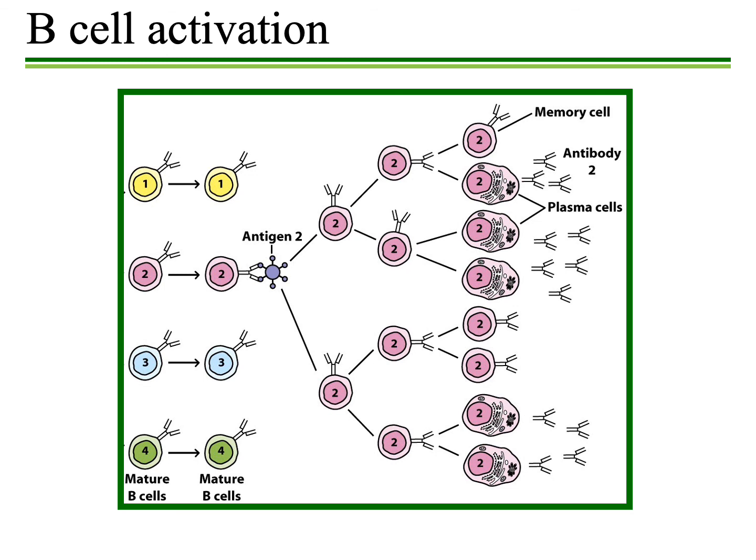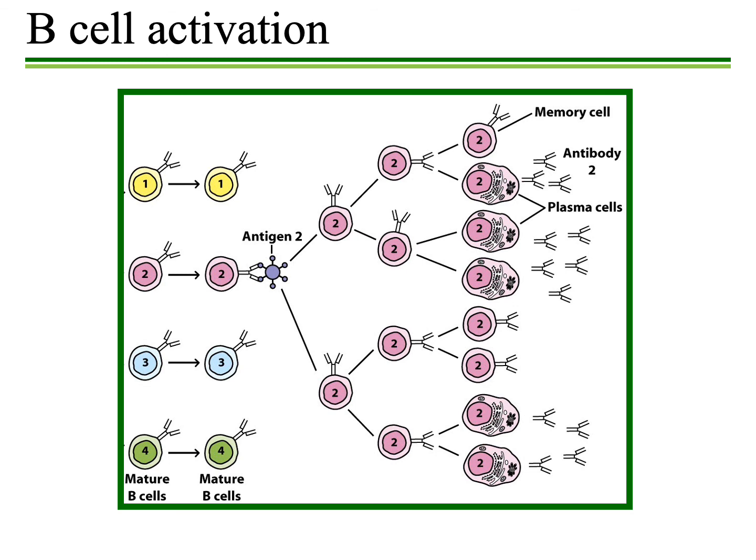So if an antigen comes along, in this case antigen number 2, that happens to have the ability to bind to the receptor, the membrane-associated antibody in B cell number 2, that then triggers the activation of that particular B cell and allows for production of lots and lots of B cells that have the same antigen binding capability.